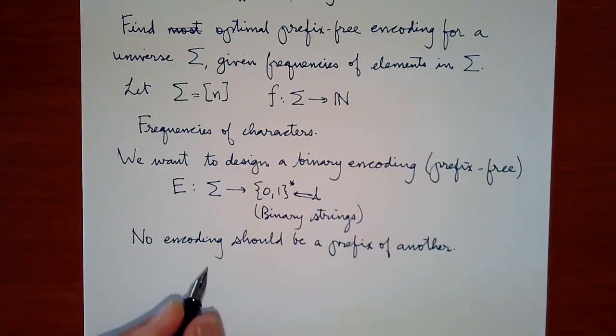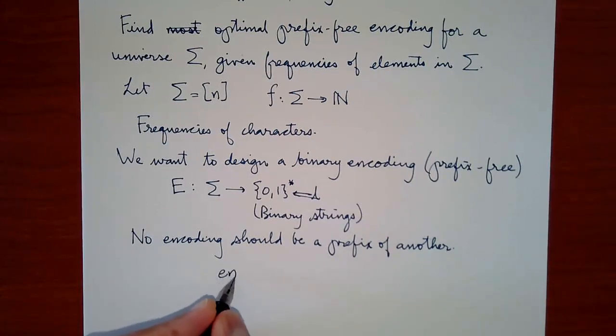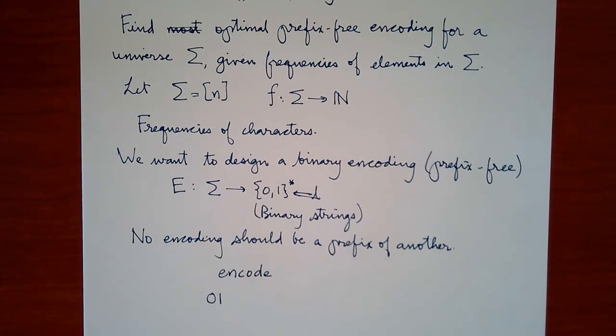So for example, if you had just the word "encode," and if you had a prefix-free encoding, so let's just say that E was encoded with 0 1, then N should not start with a 0 1. So the encoding for N might be, E is 0 1, N maybe 1 1 0, and then C could be 1 0.